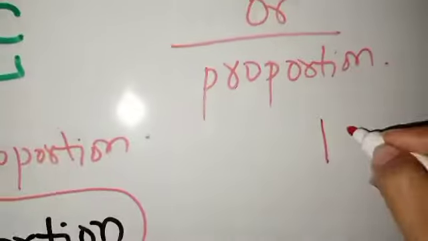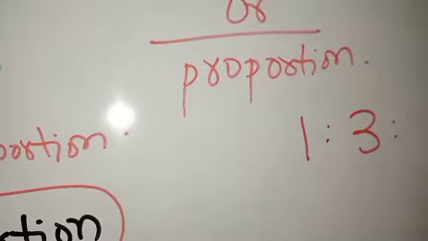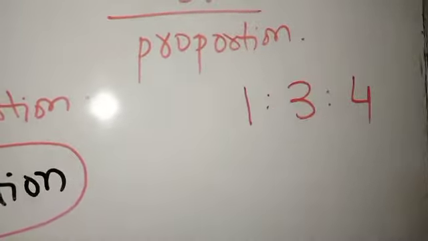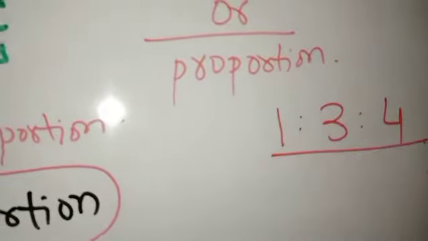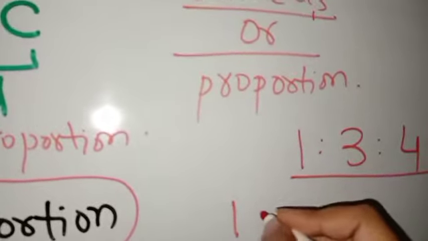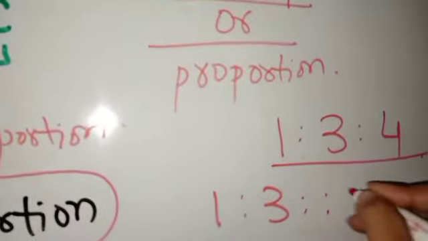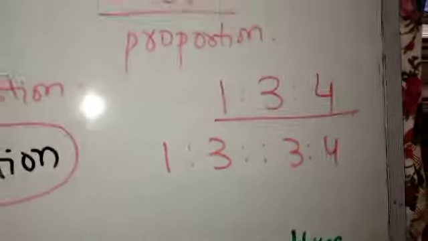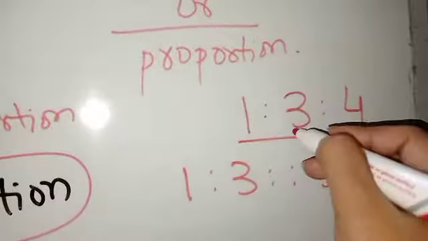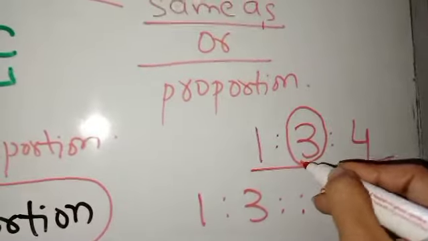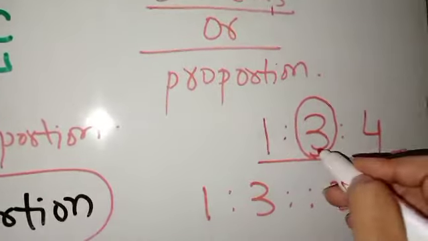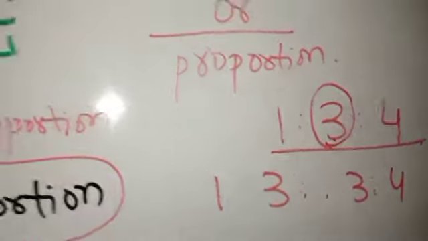Like 1 is to 3 is to 4. If I tell you to show me how they are in continued proportion, you will say 1 is to 3, four dots, 3 is to 4. In this way you will write. It means the center term is repeating in both ratios, 1 is to 3 and 3 is to 4.